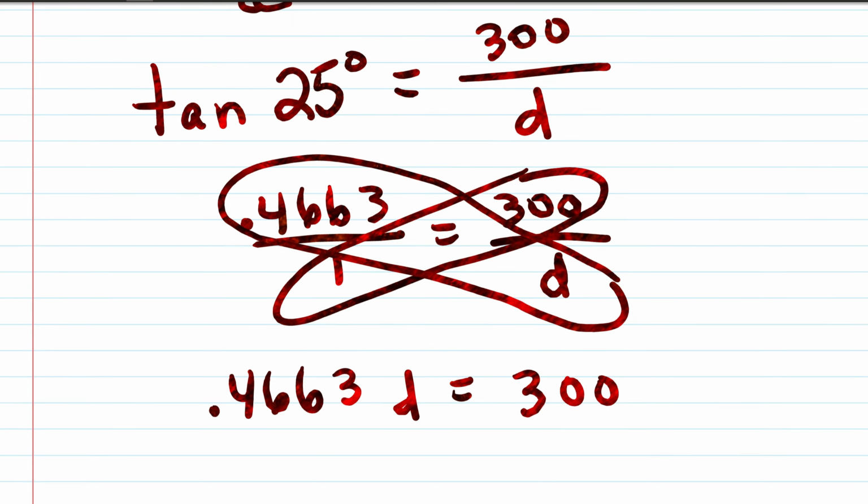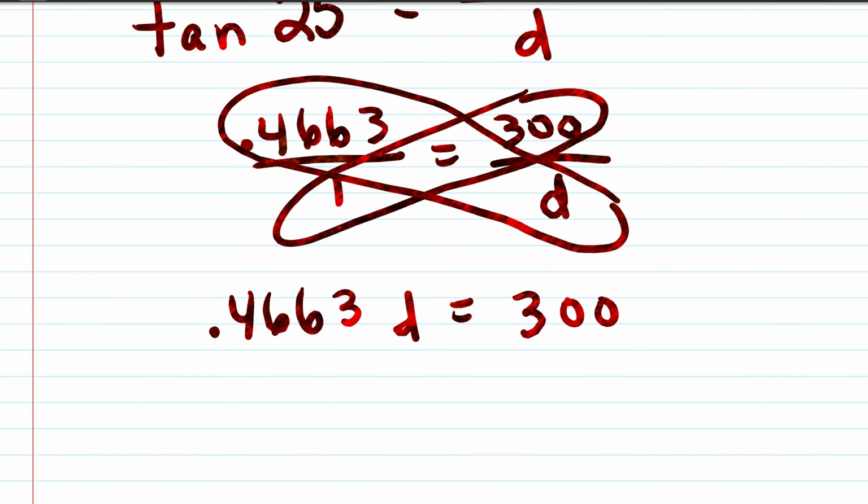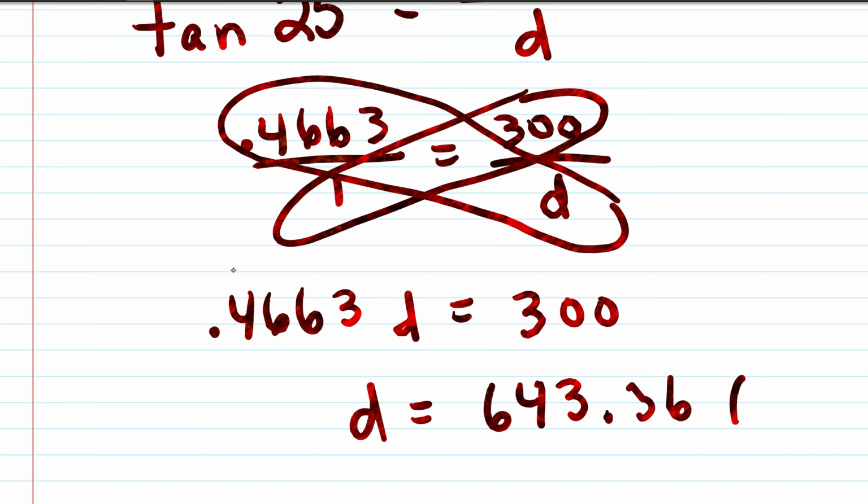Dividing both sides by 0.4663, we get the value of D, which is 643.36 feet. So this is the distance from the helicopter to the boat, that horizontal distance they would have to travel through the air to be right above that boat.